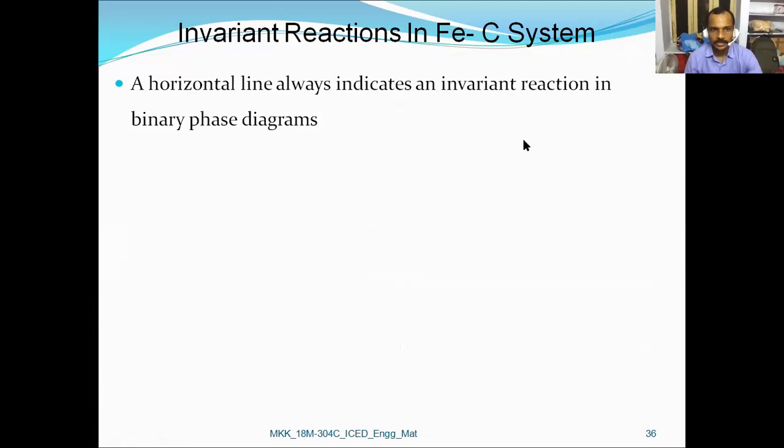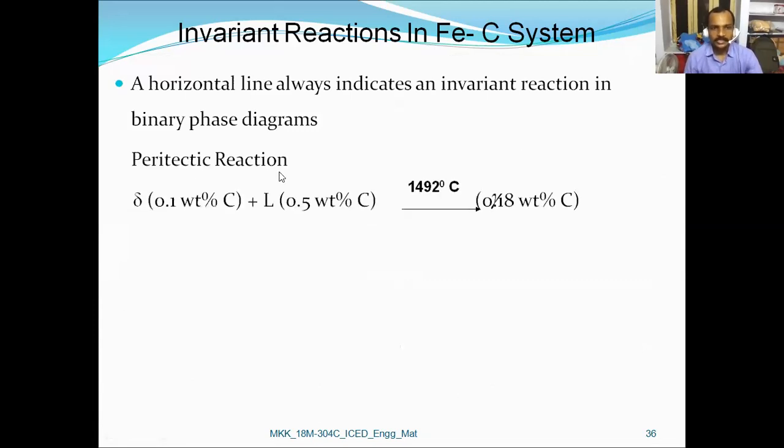So in peritectic reactions, delta with 0.1 percentage of carbon plus liquid with 0.5 percentage of carbon at 1492 degrees centigrade gives gamma with 0.18 percentage of carbon.